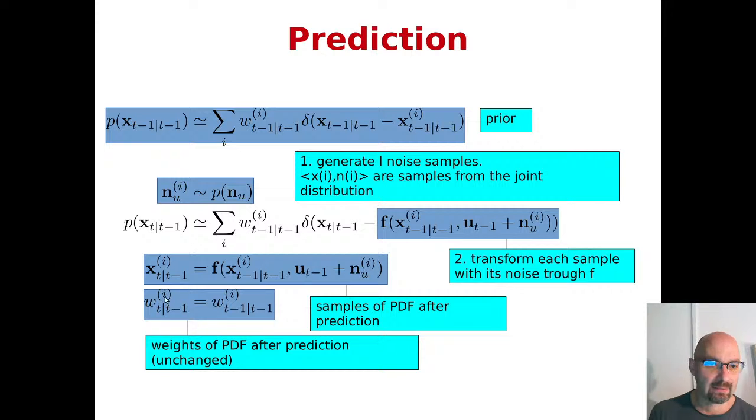And the weight, as you might expect, stays the same. So, for doing the prediction, we do nothing else than use the transfer function. It is also the chain rule, because we expand the sample by attaching this independent instance of NU, and then we project everything through F.